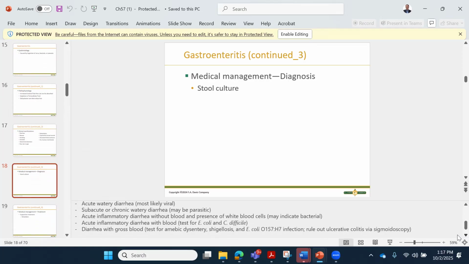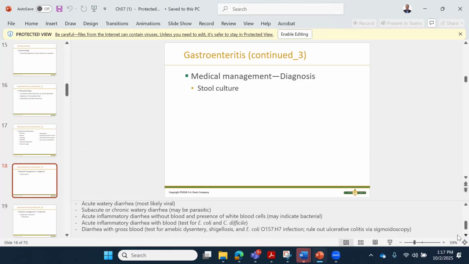It's also good to have in your history when did the signs and symptoms start? And a lot of times patients will be able to pinpoint it to a certain meal that they had, for example.